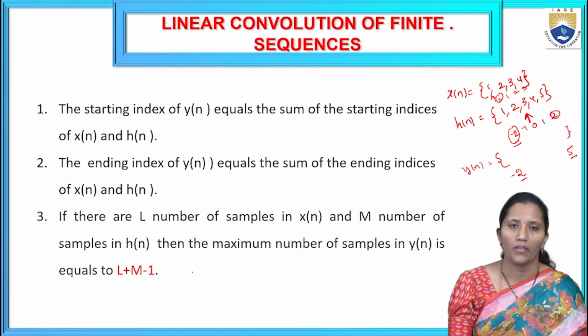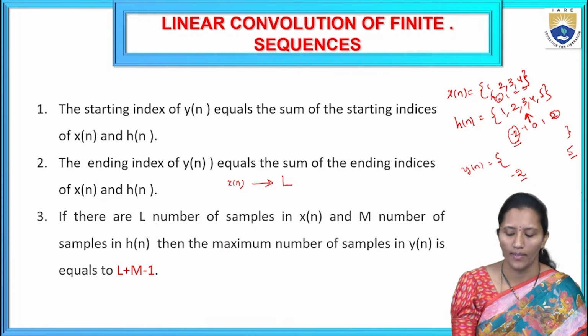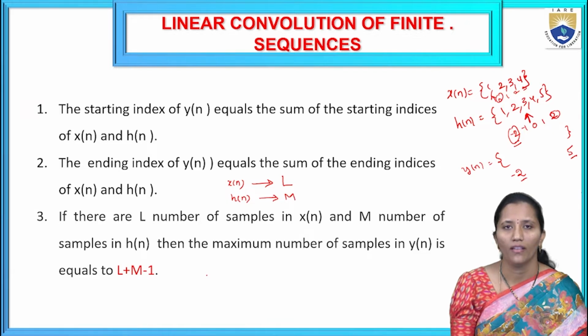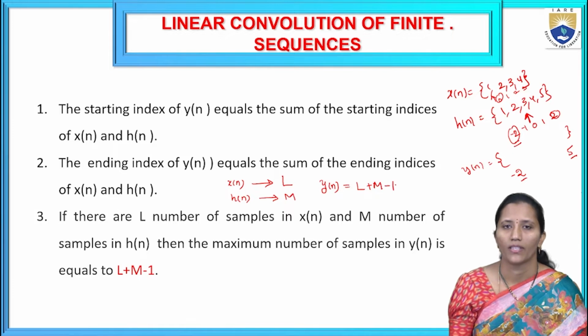In the next step, if x of n has L number of samples, and h of n has m number of samples, then the total number of samples in the output y of n will be equal to L plus m minus 1.